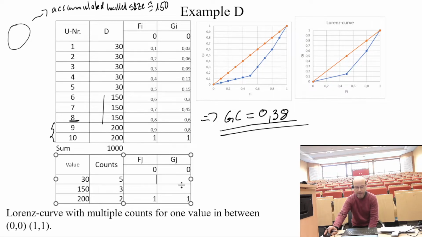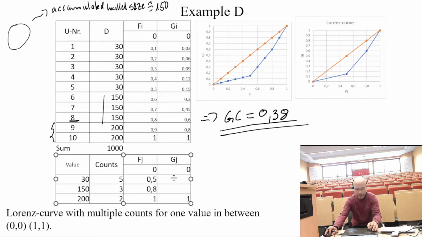So Fi here would be then what? The relative number of 5 firms relative to 10 is then of course 0.5. The next one, accumulated plus 3 firms relative to 10, then we have 8 firms, so it's 0.8.